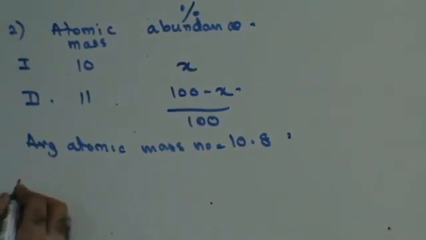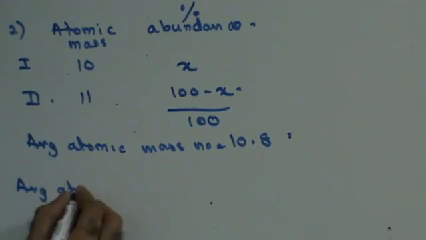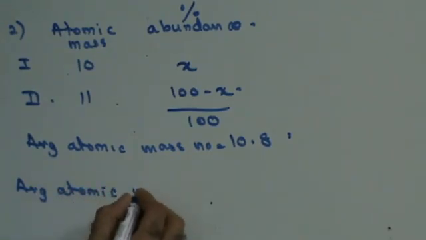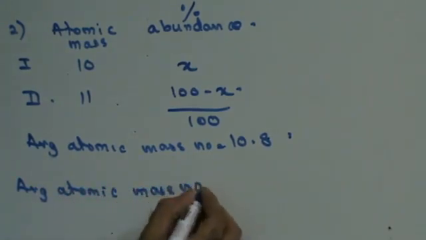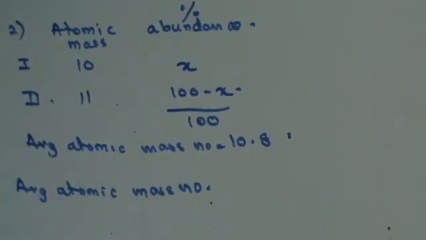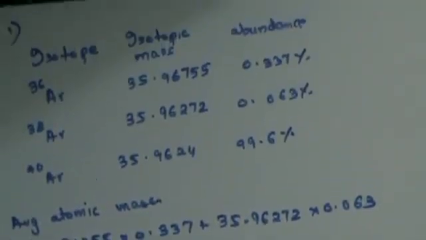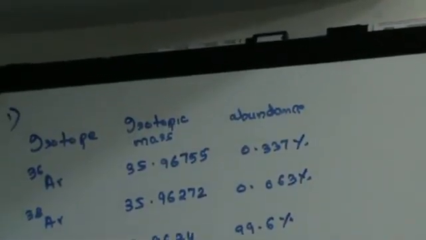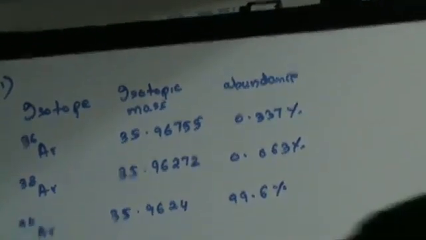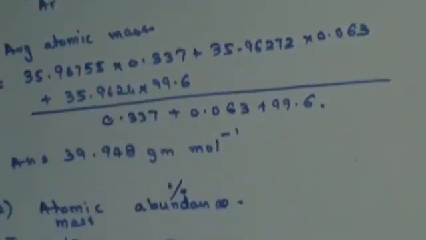Average atomic mass number is given by the formula: atomic mass into abundance plus atomic mass into abundance.